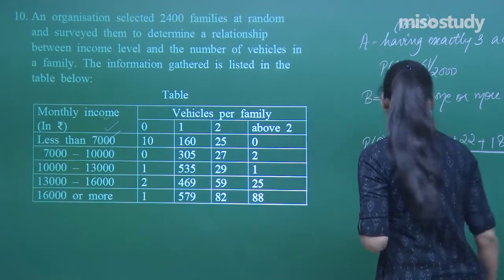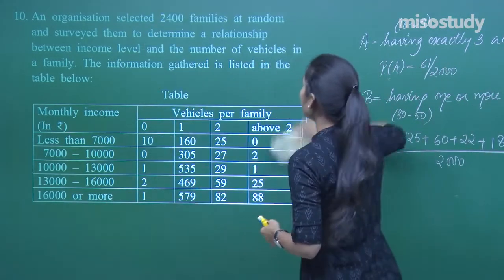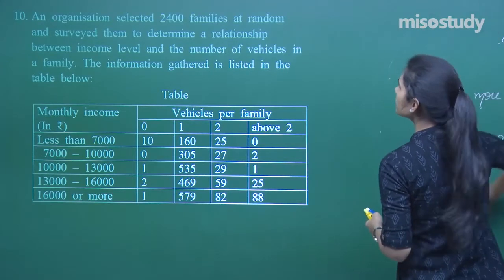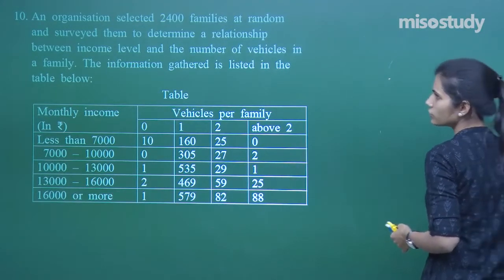An organization selected 2,400 families at random and surveyed them to determine a relationship between income level and the number of vehicles which they have.